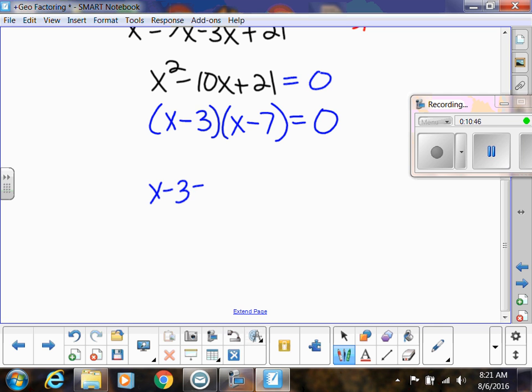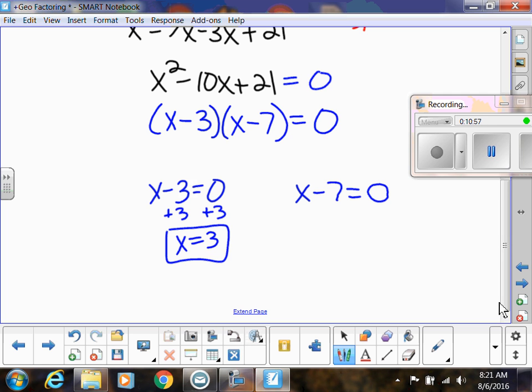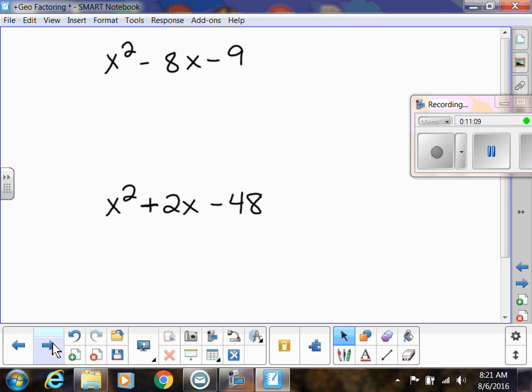This time I have binomials, so I'm going to set each of those binomials equal to 0, and then I'm going to solve each equation. So I'm going to get x equals 3, and over here I'm going to get x equals 7. So those would be my two answers to that quadratic equation, and that's where my parabola would be crossing the x-axis.